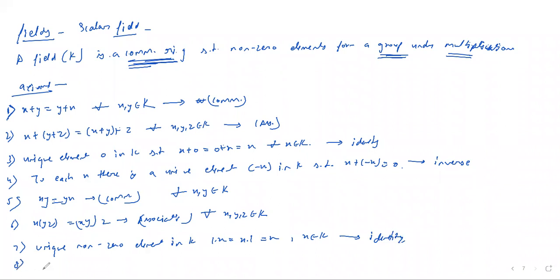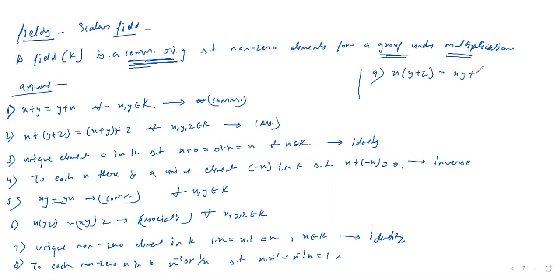And the eighth one is that to each non-zero x in K there corresponds an inverse, 1 by x, such that x times x inverse equals x inverse times x equals 1. And the ninth one is the distributive law, which is x(y plus z) equals xy plus xz.